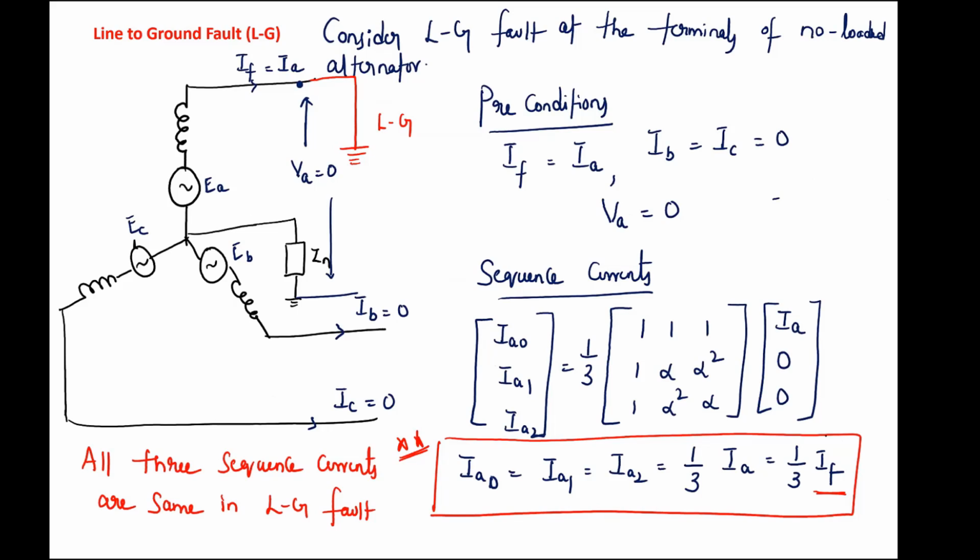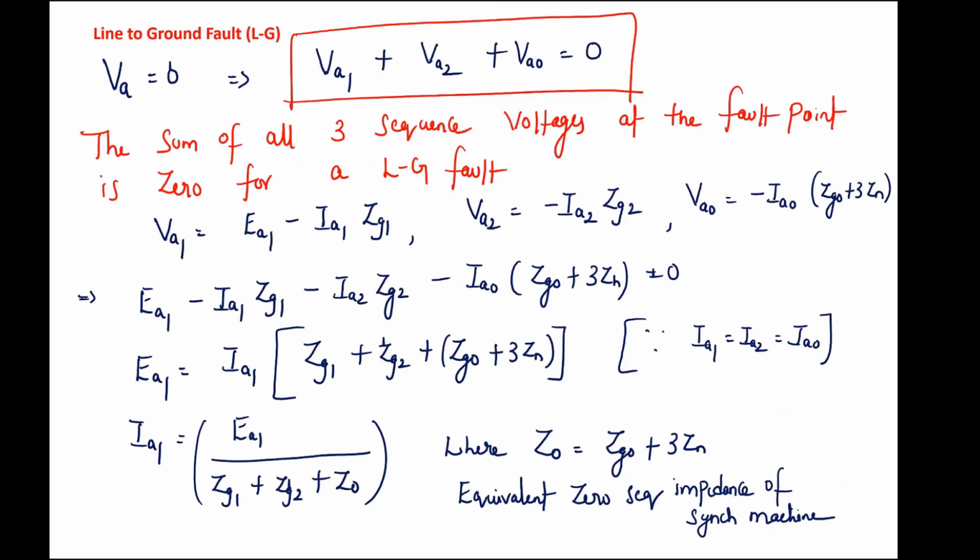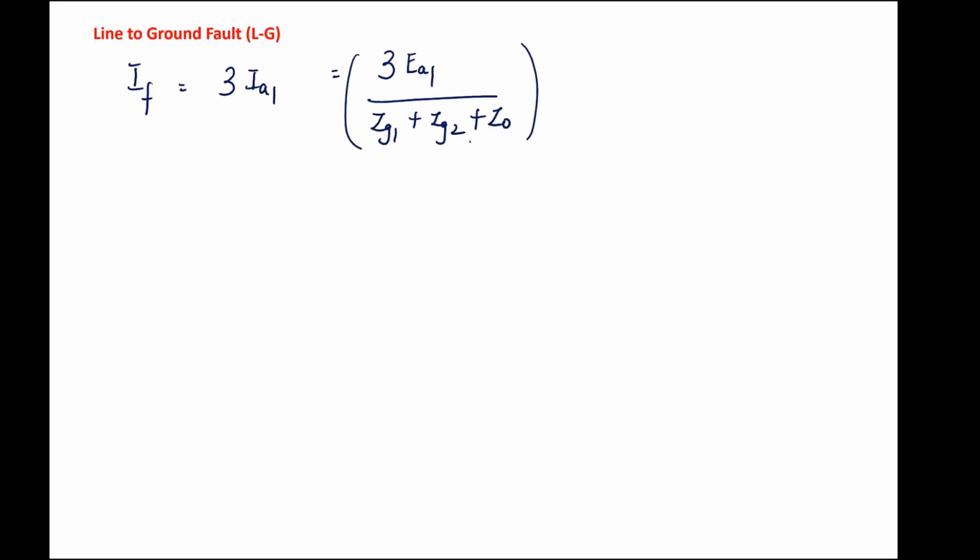So my fault current will become 3 times IA1. So if I write that one, my fault current will become 3 times EA1 divided by ZG1 plus ZG2 plus Z0. So this is the fault current.